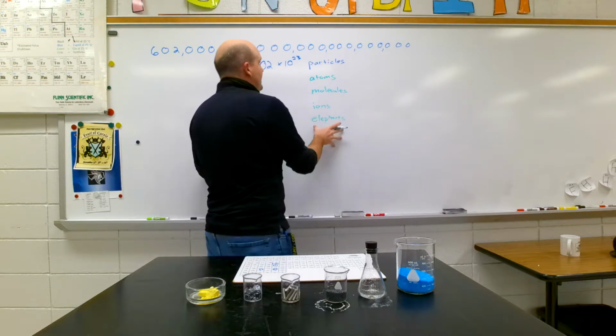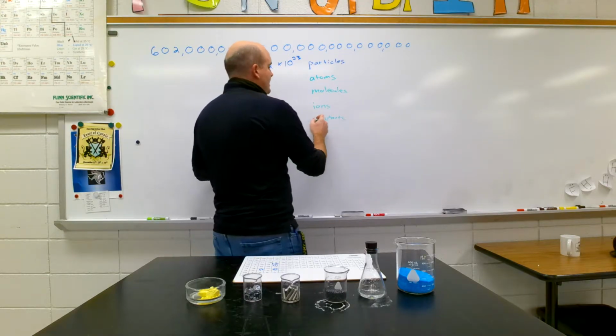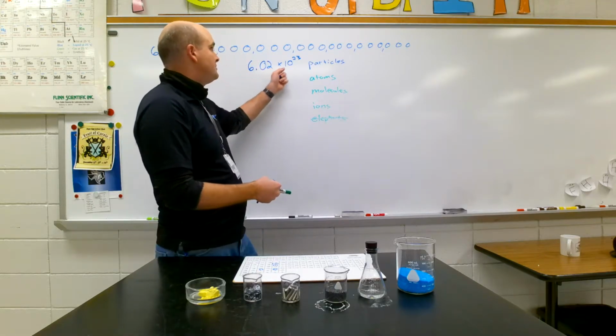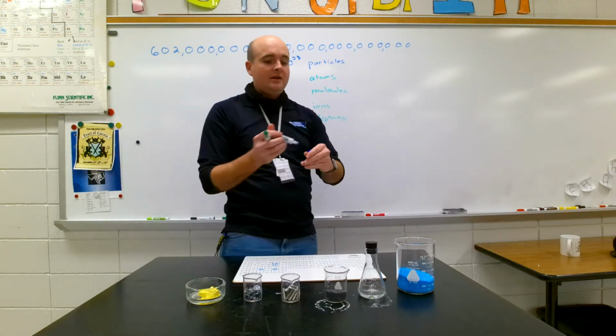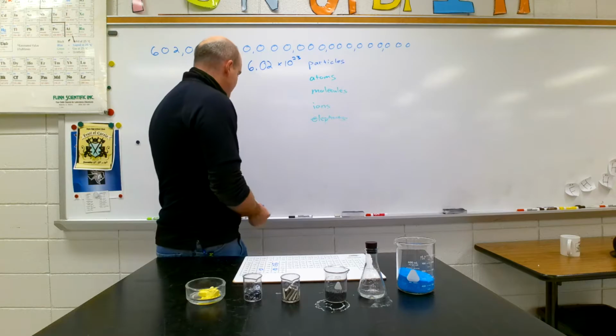It doesn't exactly matter. All of those make up 1 mole, right? You can have eggs, and instead of 12 eggs as a dozen, you could have 6.02 times 10 to the 23rd eggs will make up a mole of eggs. I'm hoping you're catching my drift here.